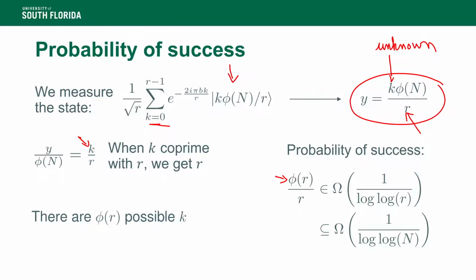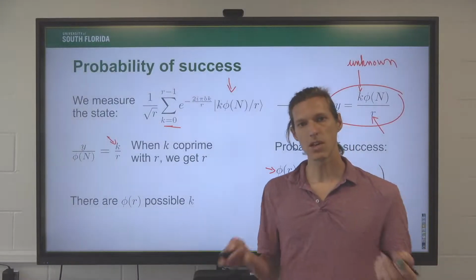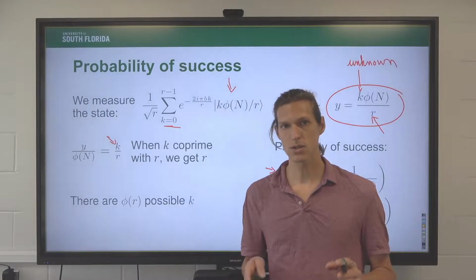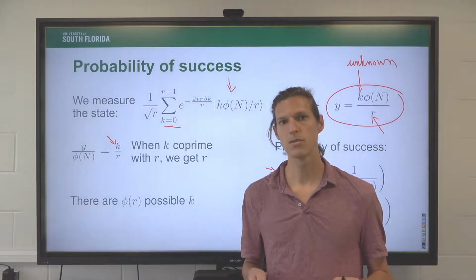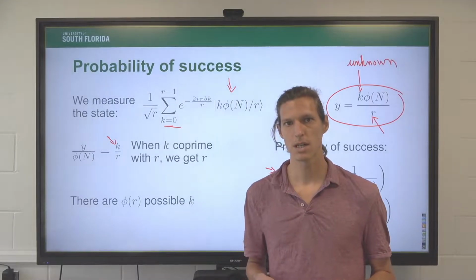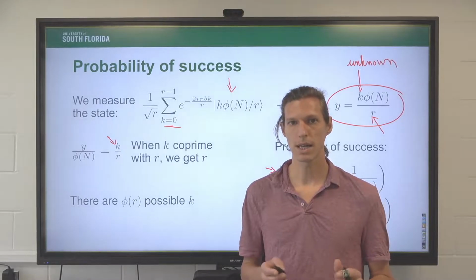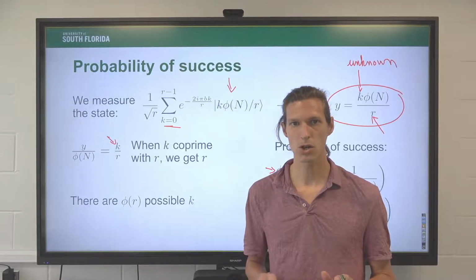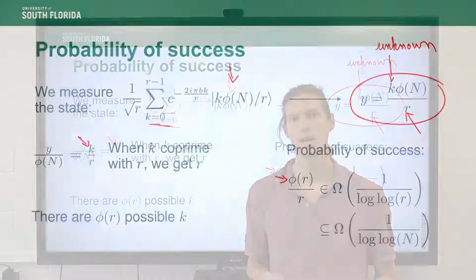And this is an acceptable probability of success, okay? So the takeaway here is that we're not going to succeed all the time, but we have good chances of success when it comes to getting a k over r where k is coprime with r, okay?